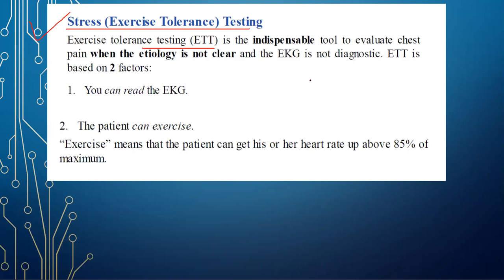So your ECG is normal, but still there is a risk factor of coronary artery disease. Then the next thing you do is order an exercise tolerance test. Obviously, before you order an exercise tolerance test, you have to see if this patient is able to do exercise or not.